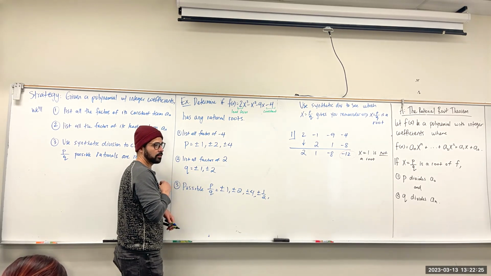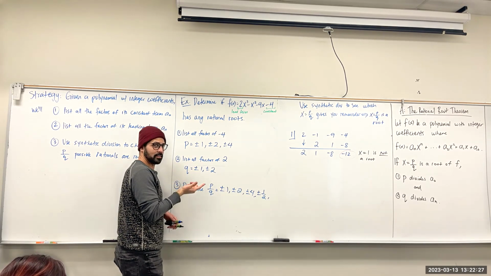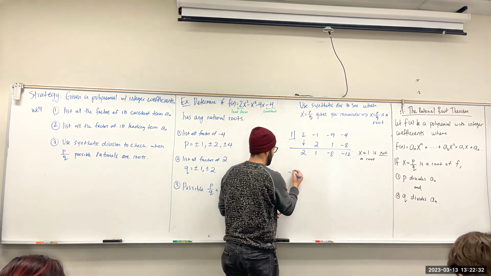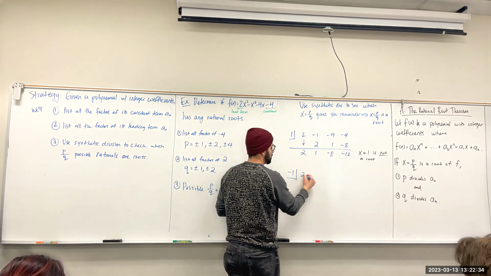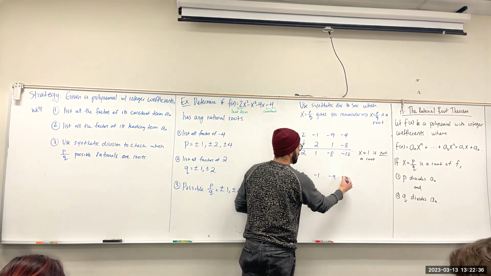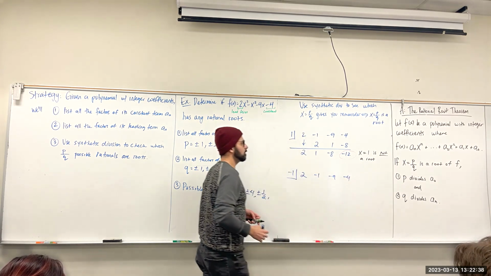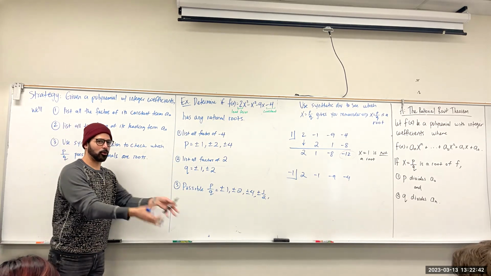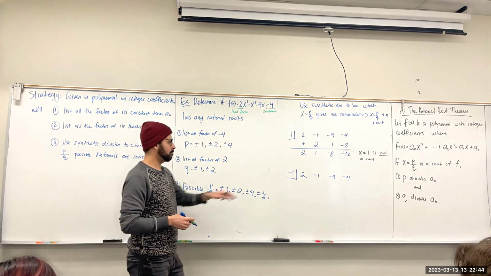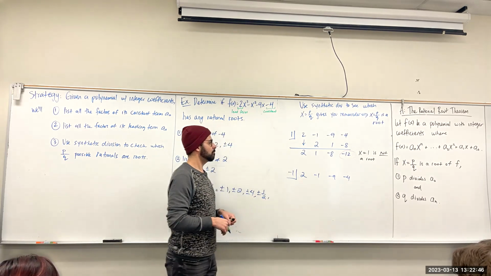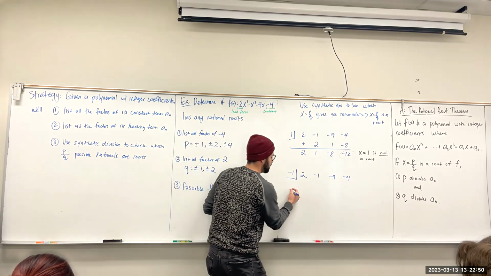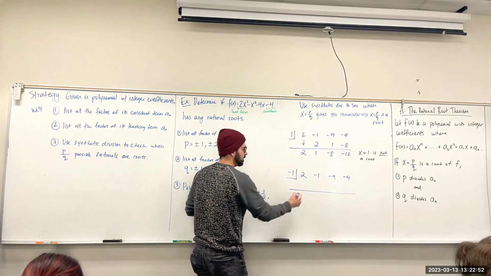So then let's try -1. It could be the one. Repeat: 2, -1, -9. If you're a computer science major, think of how you would code this: input blank, output remainder. All right, repeat.